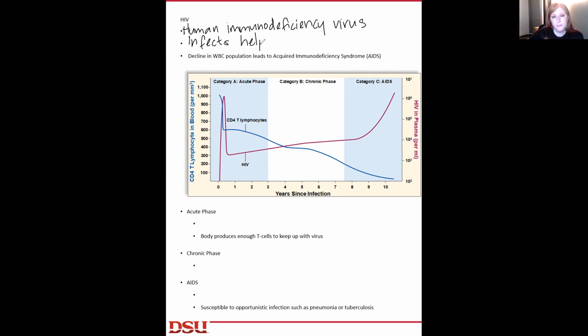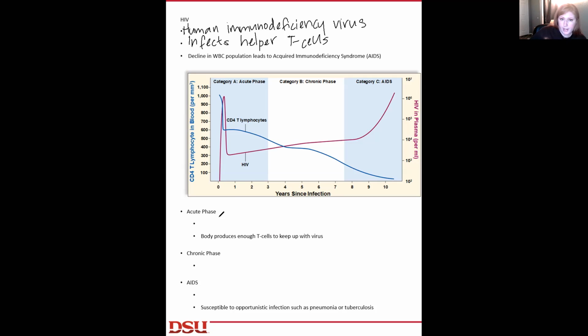Remember helper T's? I called them the sidekick T. They're the guys that are going to be secreting some of the chemical signals needed for an immune response. So it eventually leads to a decline in the white blood cell population, and HIV then becomes AIDS, which is acquired immunodeficiency syndrome. Okay, HIV first.